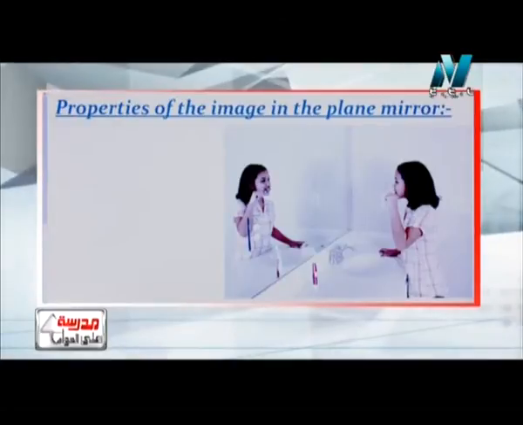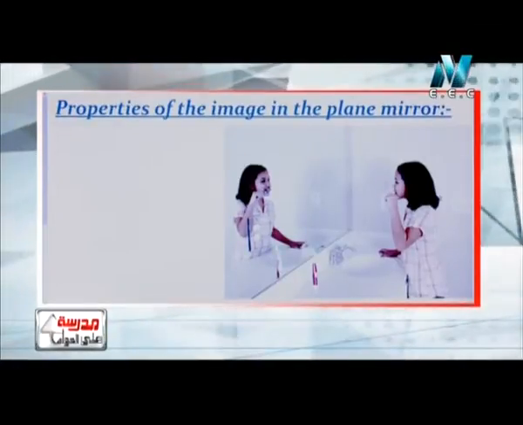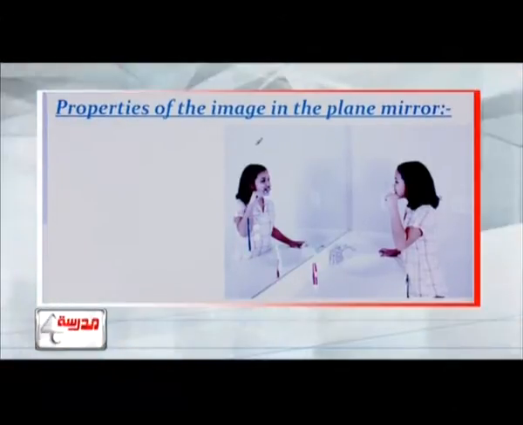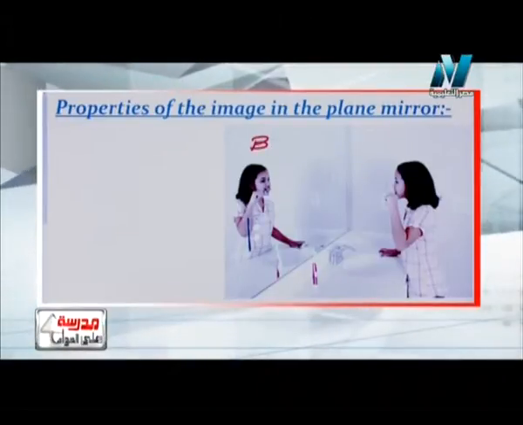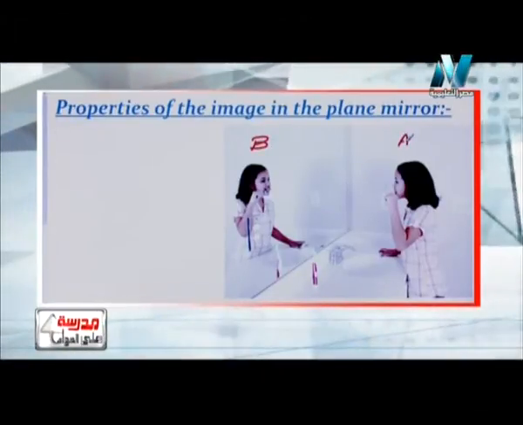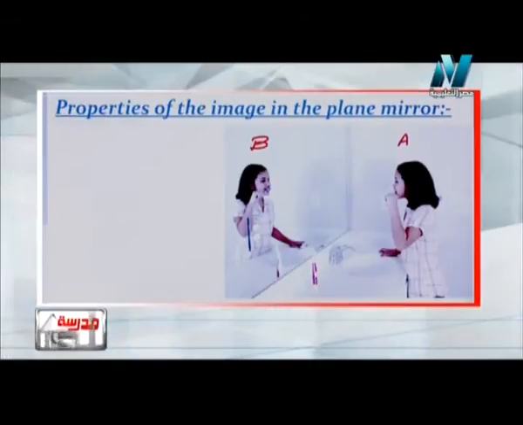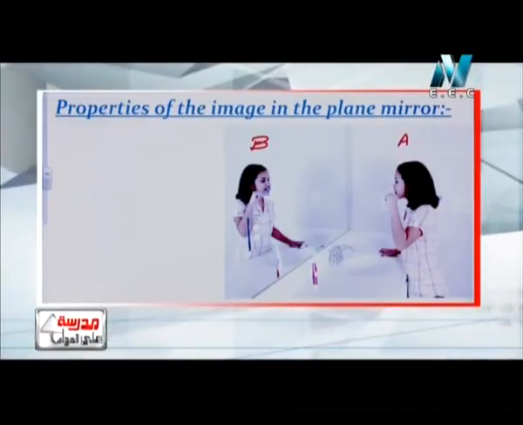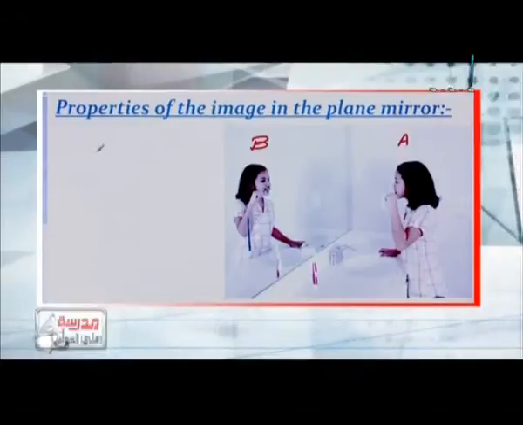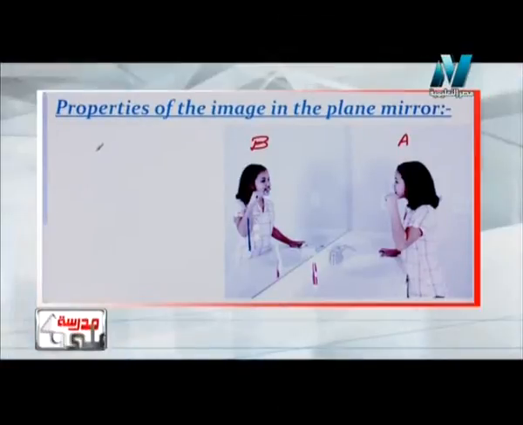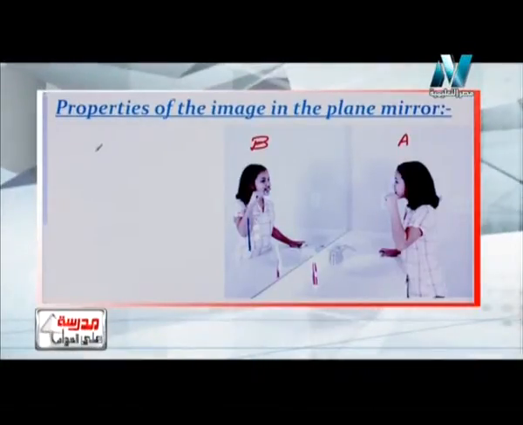Here we have the image at point B, and point A is the object. So we will talk about the properties of the image in the plane mirror.